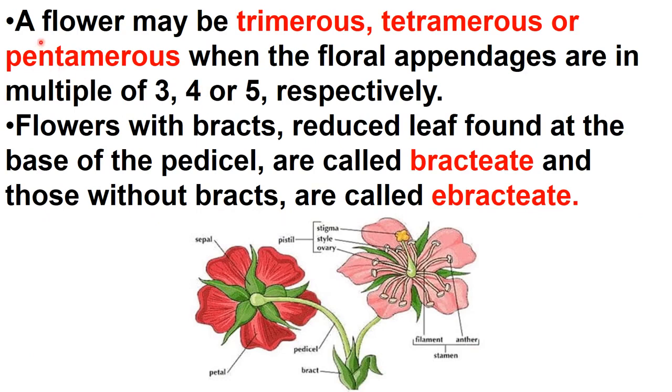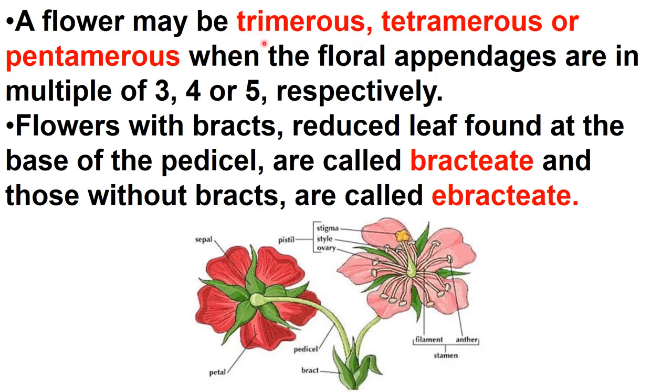Now some more features of the flower. A flower may be trimerous, tetramerous or pentamerous when the floral appendages are in the multiple of 3, 4 or 5 respectively, right? When the floral appendages, means sepals and petals, are considered, if any flower has three petals, that flower will be called trimerous flower.